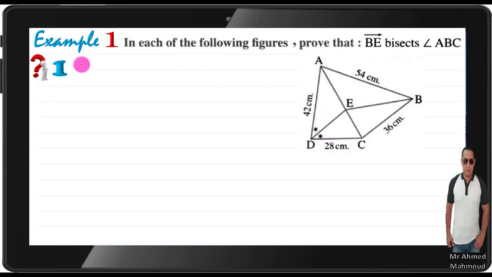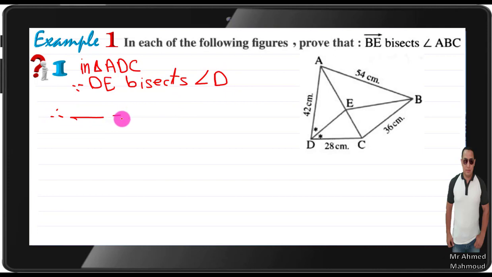In triangle ADC, I have DE, the bisector of angle D. Since DE bisects angle D, therefore AE over EC equals AD over DC, which equals 42 over 28.